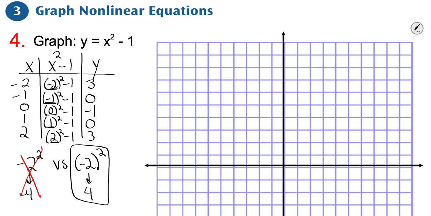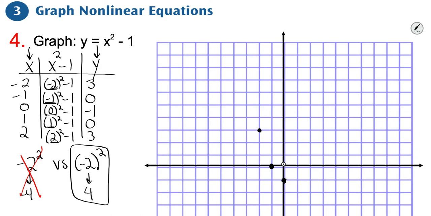So let's graph our points. Remember, this is the x coordinate, this is the y coordinate for each of the points. So we go left 2, that's my -2, up 3, and then I draw a dot there. Then I go left 1, and I'm at 0, so I go left 1, up and down none, so I'm at 0. And then I go to 0 and -1.